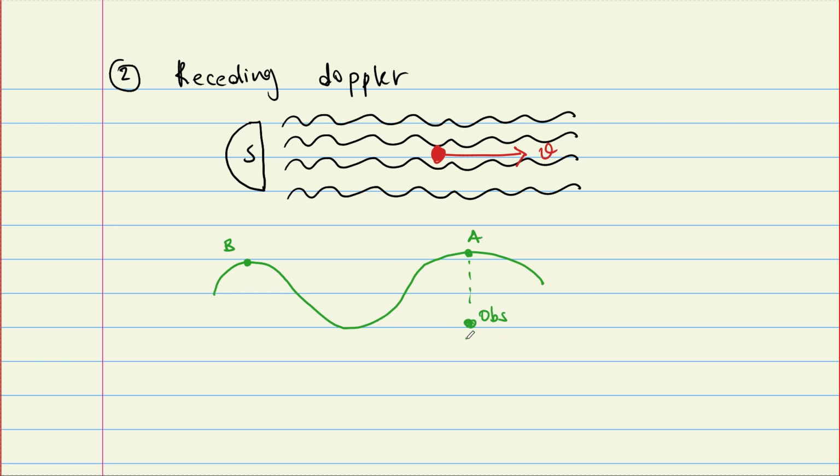And so for observer to see the full period, observer should first receive A, and when observer receives B, observer will say he or she saw the full frequency. And what this means is, let me just copy this. So first, this is the full period, right? But by the time B arrives at the location of observer, observer will also move just a little bit, maybe something like this.